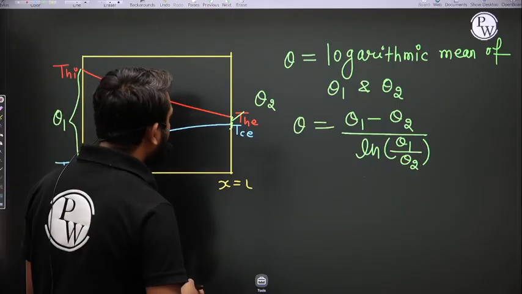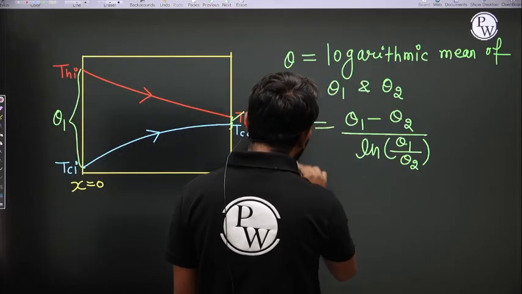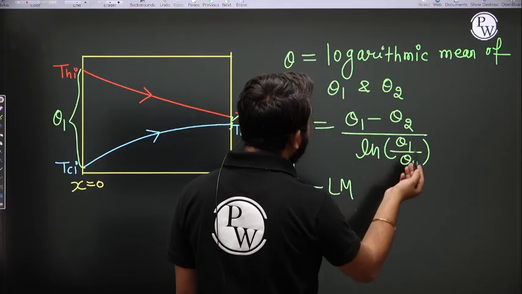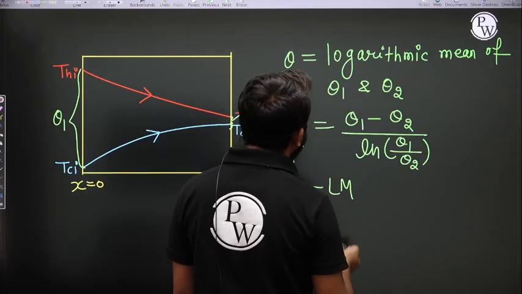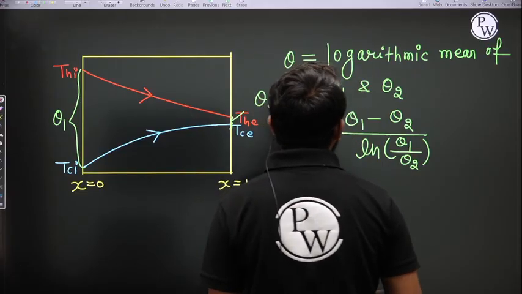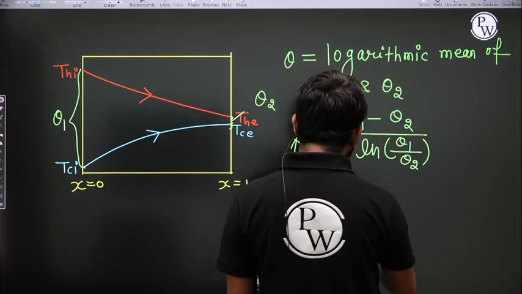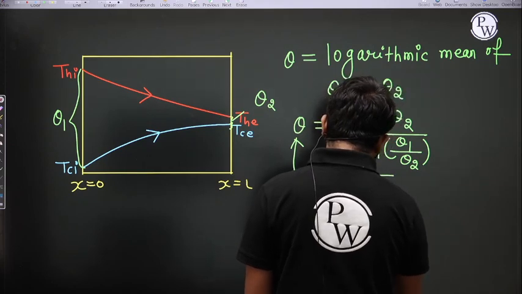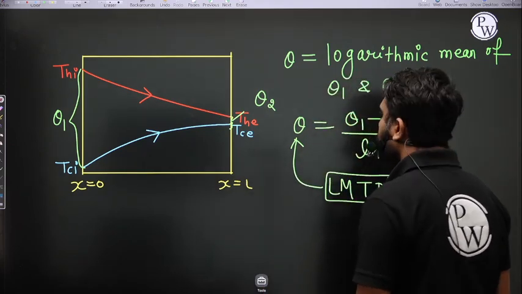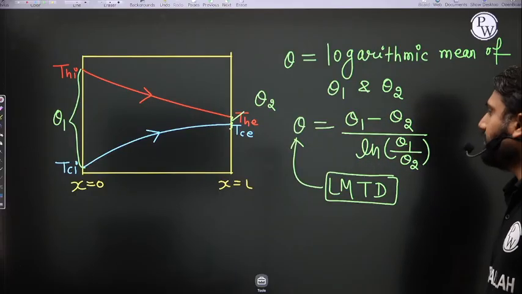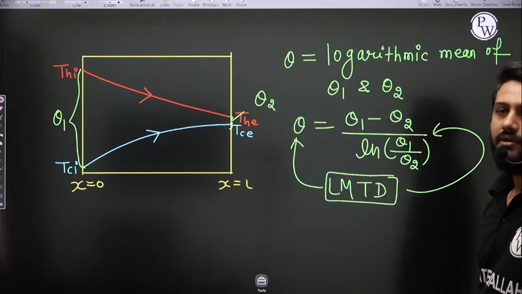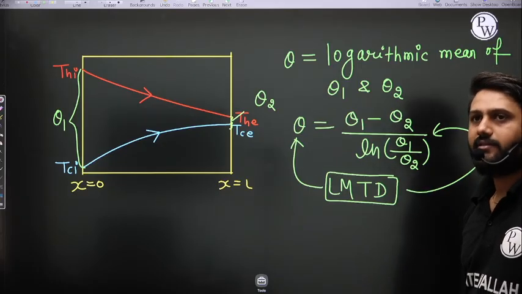So this theta is the logarithmic mean temperature difference, LMTD. If the question asks you to find the LMTD, this is the LMTD: theta 1 minus theta 2 divided by natural log theta 1 by theta 2.